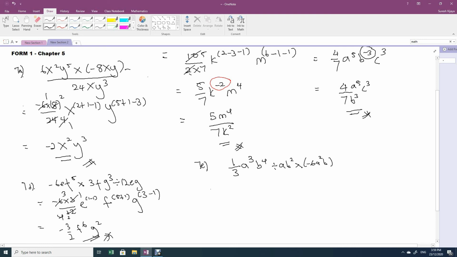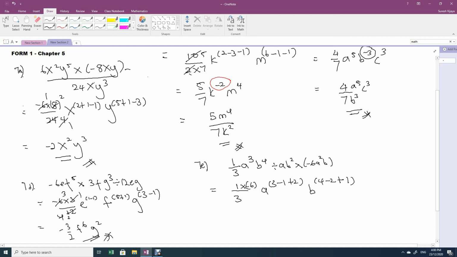Okay, so we solve the numbers. 1 over 3 times negative 6 at the top portion. Then we have a to the power of 3 minus 1 plus 2. Then we have b to the power of 4 minus 2 plus 1.